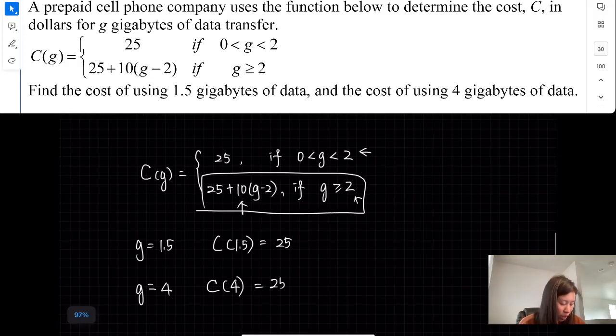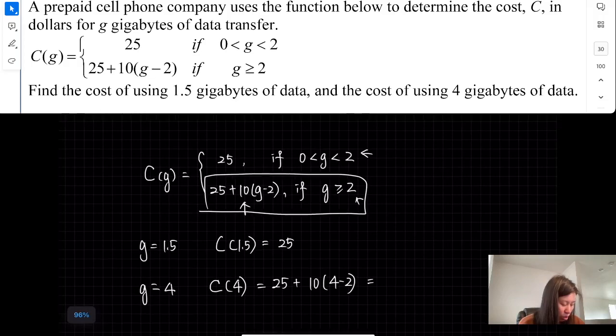So I have 25 plus 10 times (4 minus 2), which equals 25 plus 20, which is $45. So if you use 4 gigabytes of data, the company is going to charge you $45. If you use 1.5 gigabytes, they're going to charge you $25.